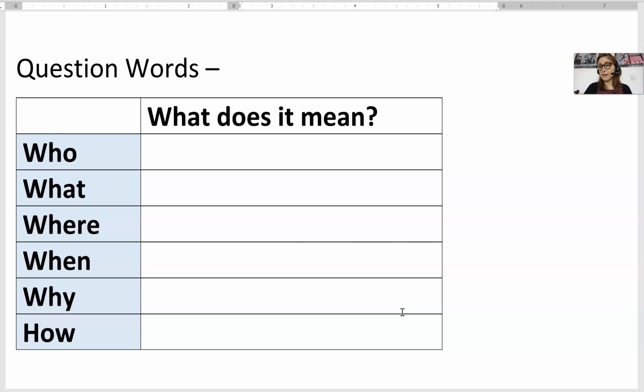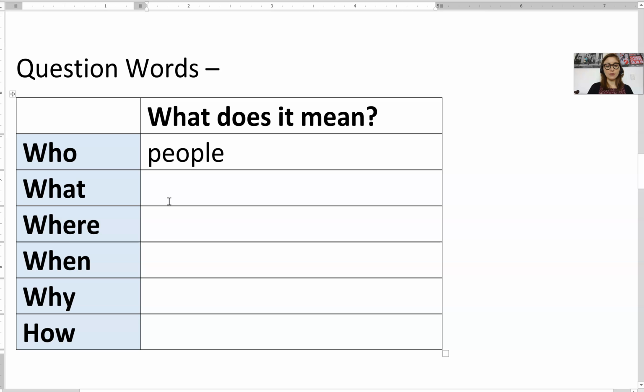It doesn't really matter, just any questions in English. So the first one we have is who. Who is people, a people or a person. What.